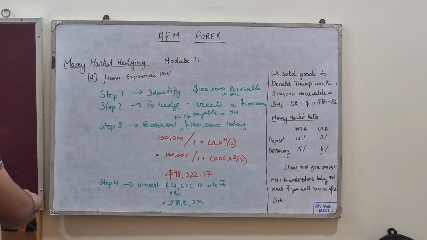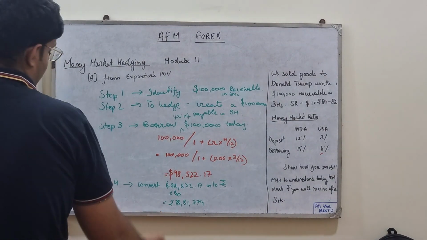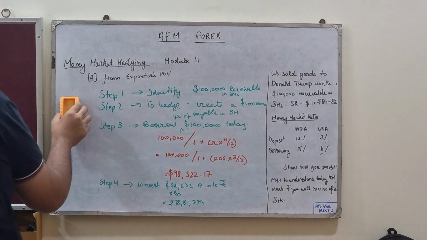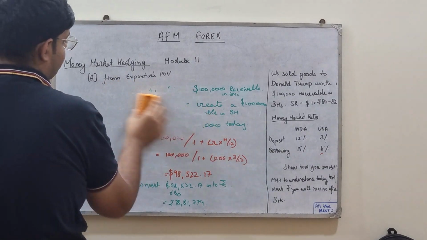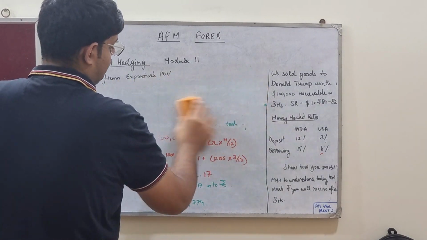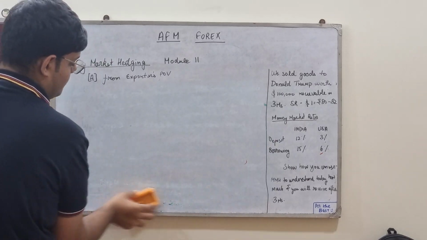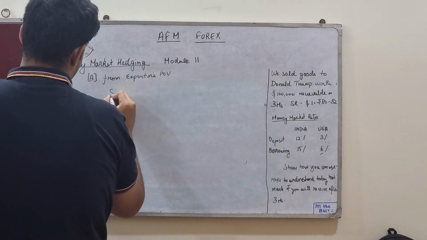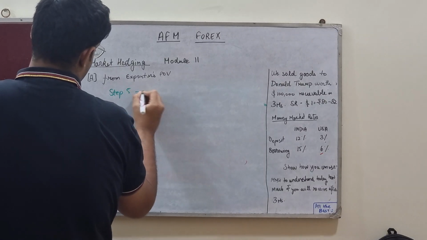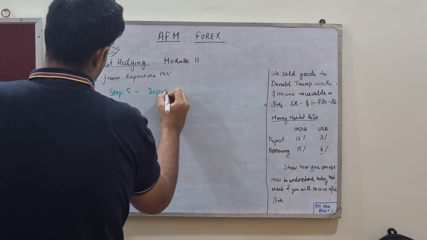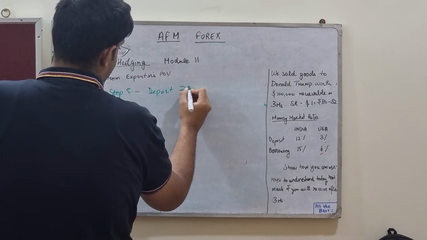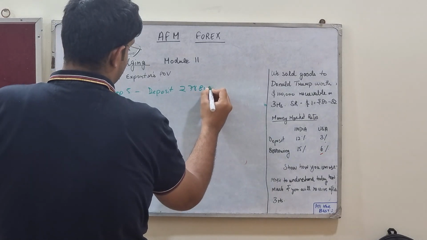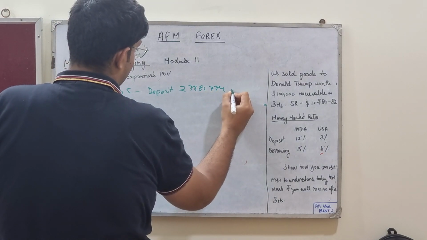And then what we need to do is deposit this in India. Step 5 is deposit rupees 78,81,774 in India.